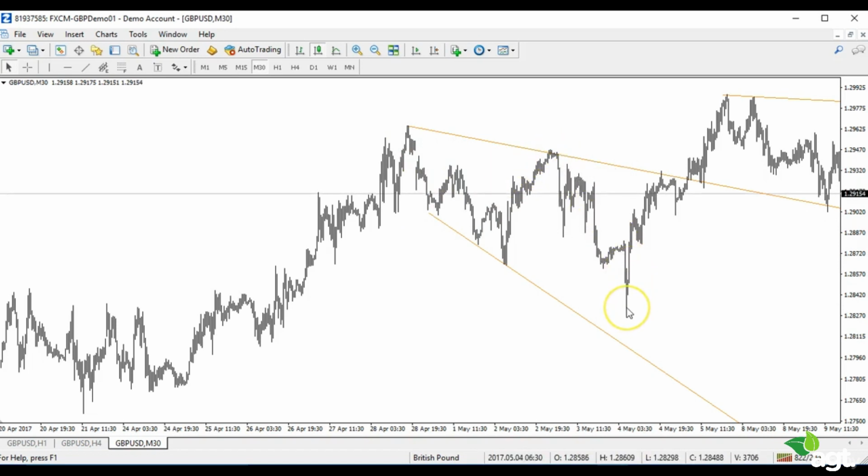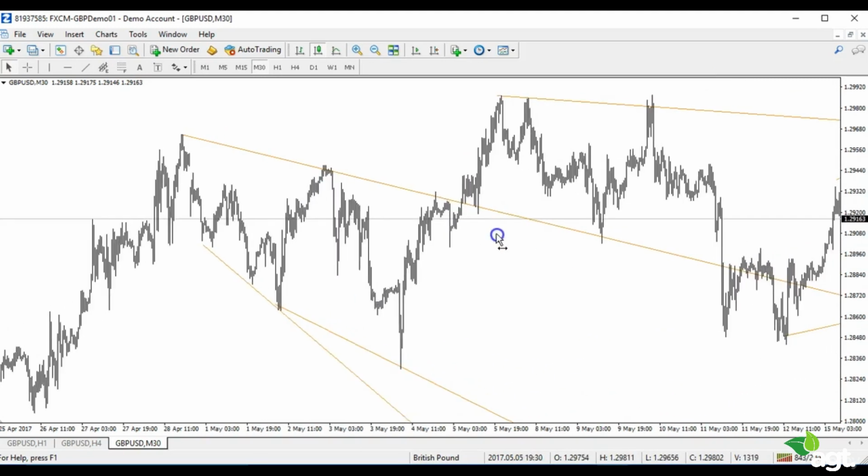Then it came down here, but it couldn't hit this lower line, so the pattern started to change, went back up there, bounced again off this trend line, and then the trend line failed, and you could see it started making another pattern.